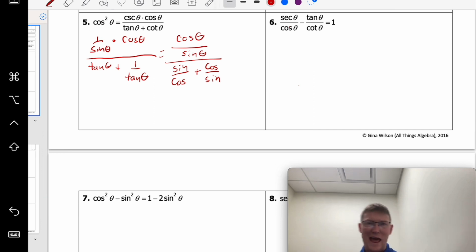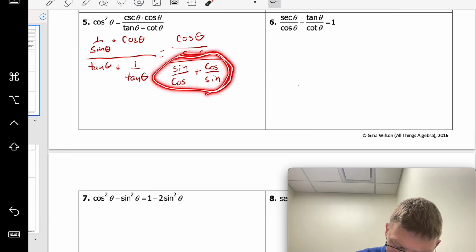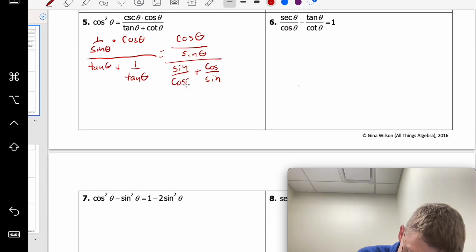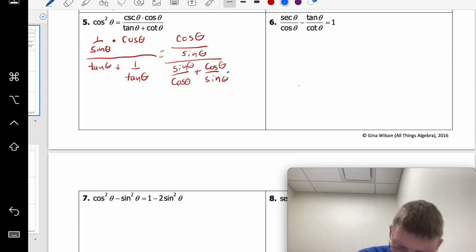So let's add that bottom, because that's kind of where we're at. Let's just add this thing. So we need a common denominator. I guess I'll throw my thetas in there. Our common denominator is going to be sine times cosine.